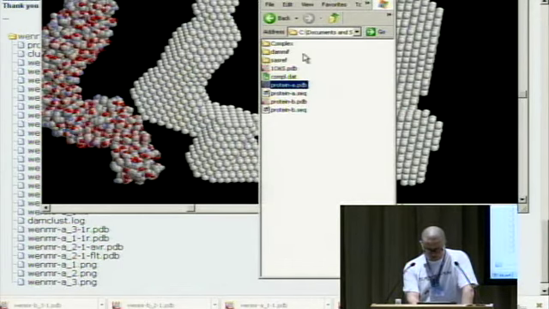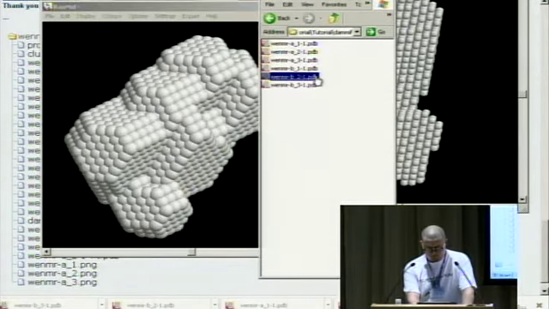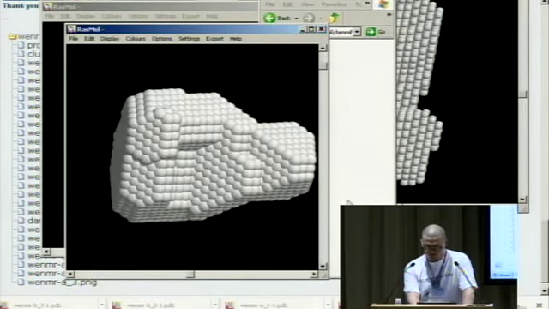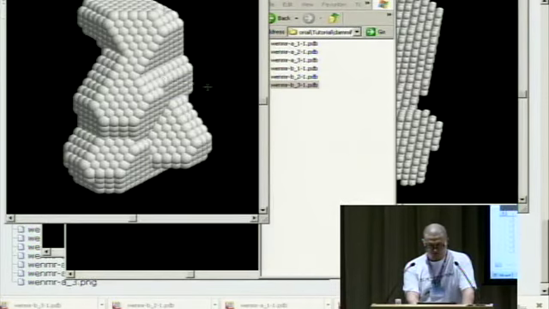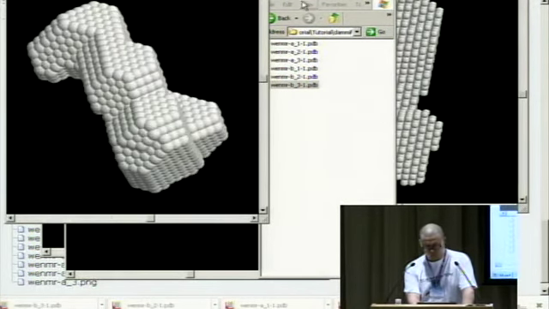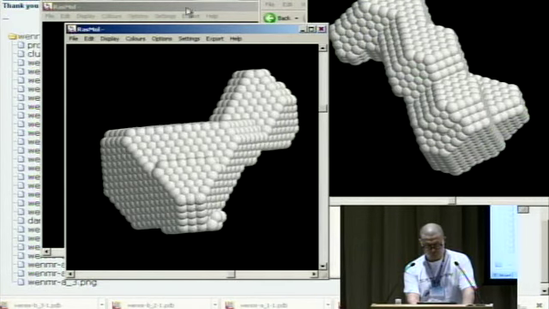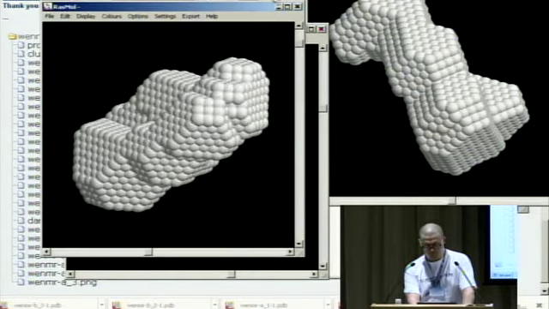So let's have a look at protein B. Protein B is smaller and it's more globular, so you don't see that many differences among the shapes.